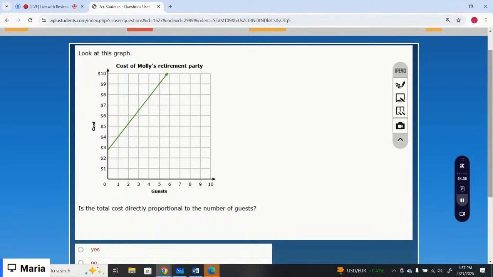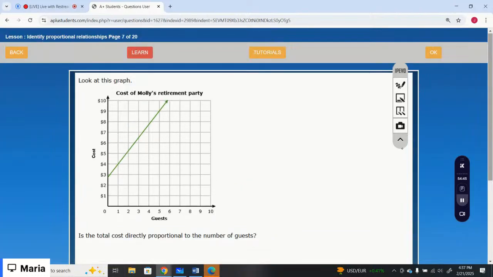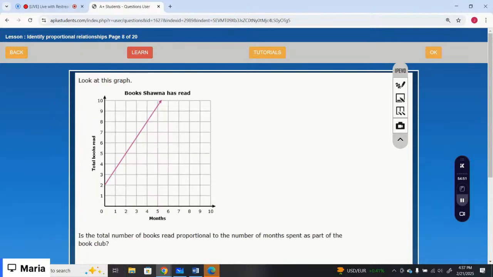Look at this graph. Is the total cost directly proportional to the number of guests? No, that isn't. Option number two is correct. Is the total number of books read proportional to the number of months spent as a part of the book club?